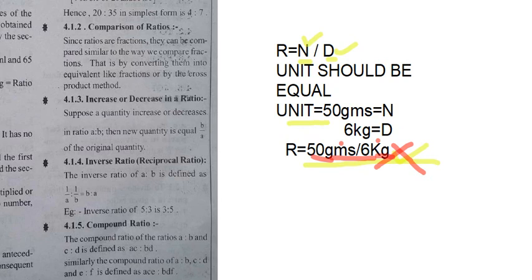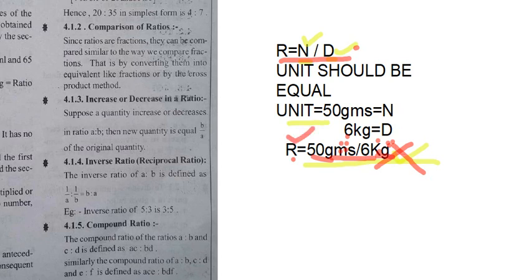Grams and kgs are called units of mass. So when you are writing the ratio, the units should be equal. Then only you can write in ratio form. If they are in different units, you can't write it as a ratio.